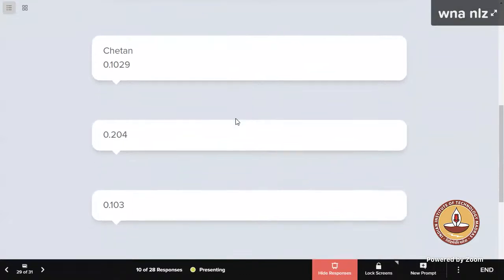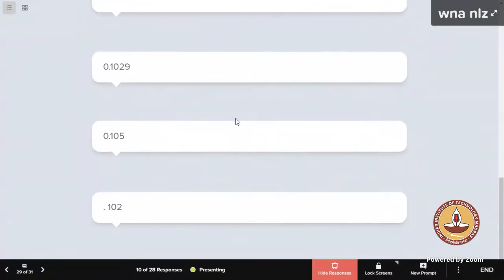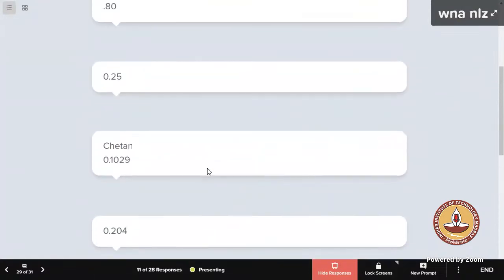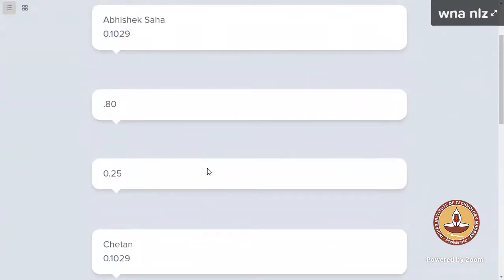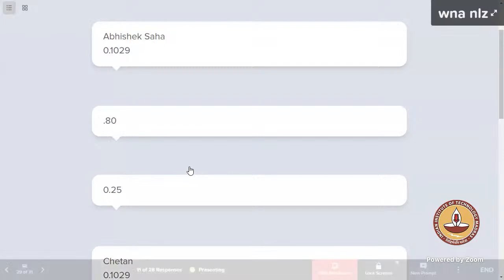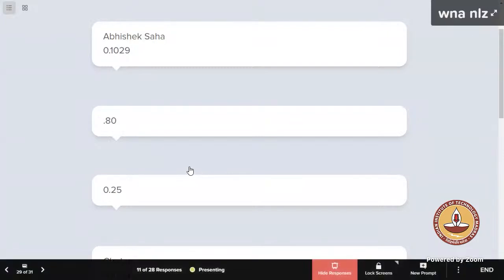We've got a variety of solutions. 0.1029 seems to be the most common. Somebody has got the solution as 0.25. Can they please tell who got 0.25?